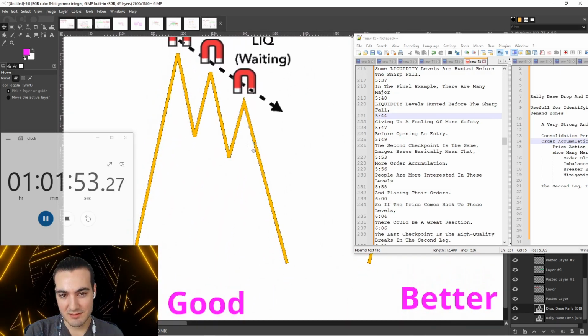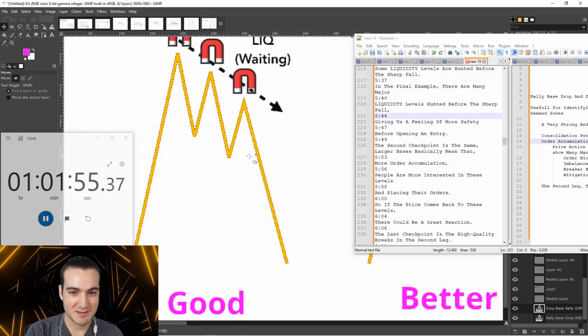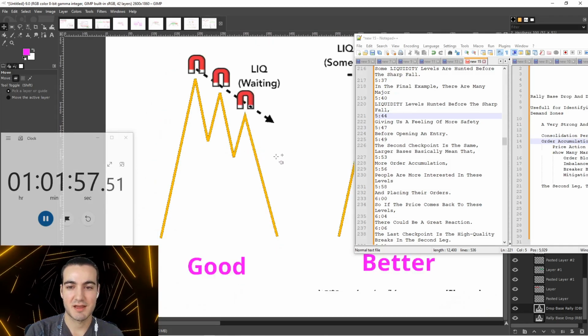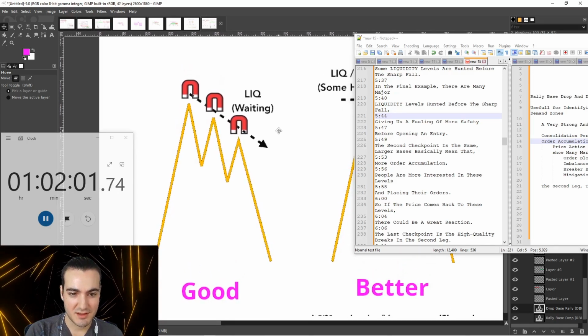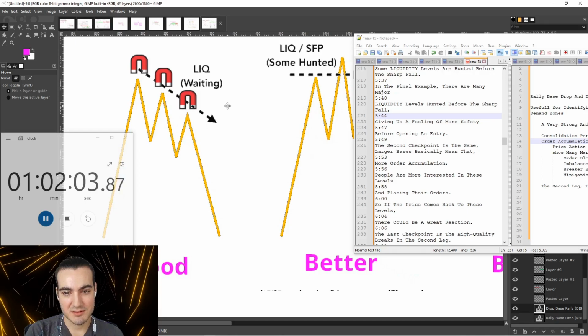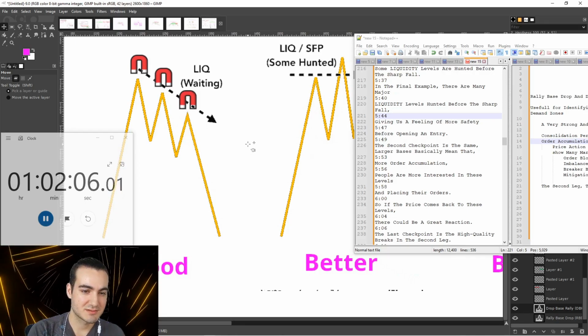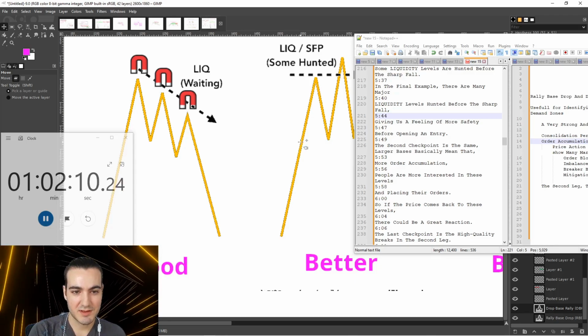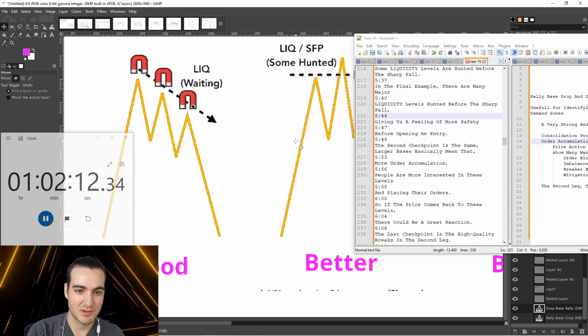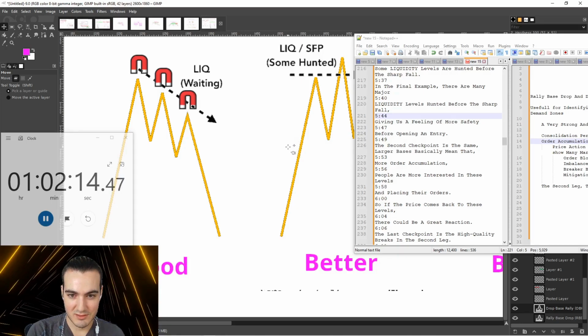In the base, we want to see the liquidity being taken out. Because if we do end up setting a stop loss based on the previous high of the base, we don't want that to be a waiting liquidity area that could be taken out.